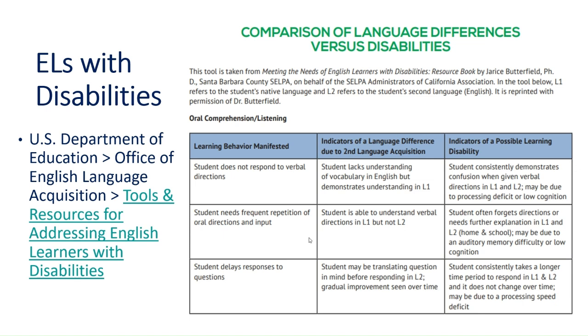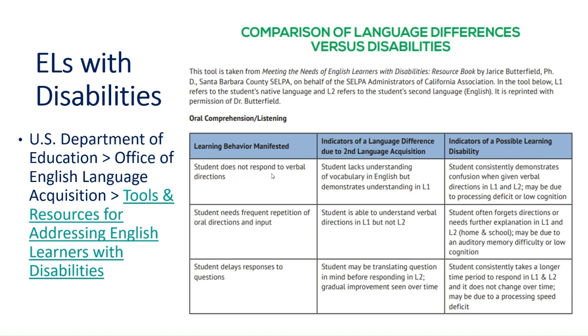So, let's go through a quick example from this table. I'm going to give you a scenario. Imagine you notice that an English learner is not responding to verbal directions, okay? And you're not sure whether this is related to language proficiency or possible disability. So, what are you going to do?